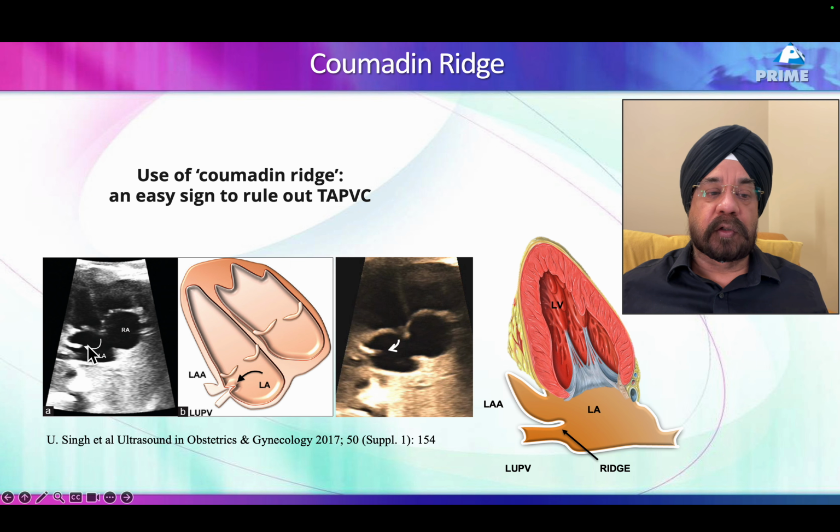And what is the requirement for the Coumadin ridge to form? The left upper pulmonary vein and left atrium invaginate like this and create this kind of a ledge. So in case the pulmonary vein does not enter the left atrium, you would not find the ridge.